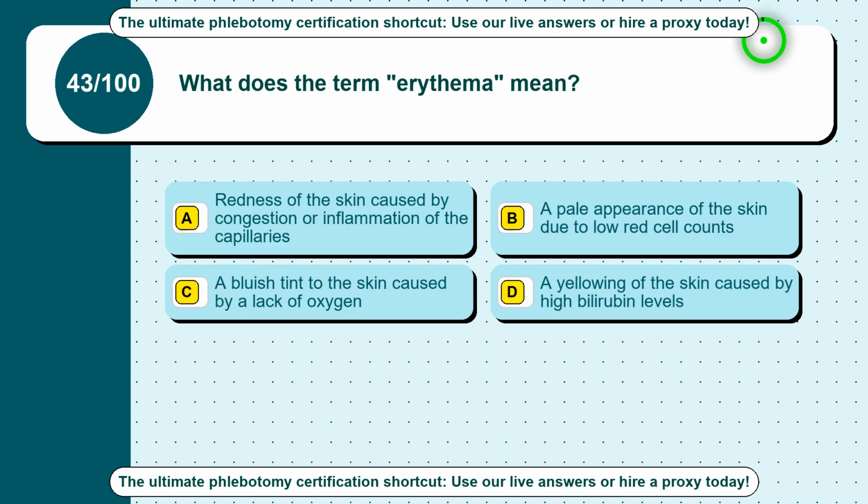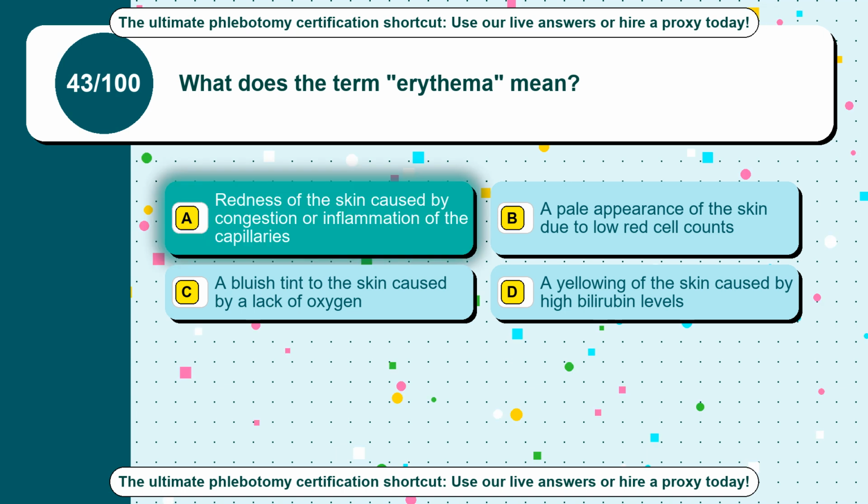Question 43. What does the term erythema mean? Option A, redness of the skin caused by congestion or inflammation of the capillaries. Option B, a pale appearance of the skin due to low red cell counts. Option C, a bluish tint to the skin caused by a lack of oxygen. Option D, a yellowing of the skin caused by high bilirubin levels.